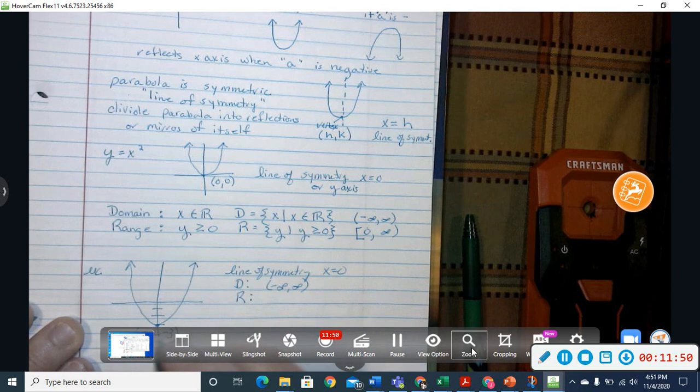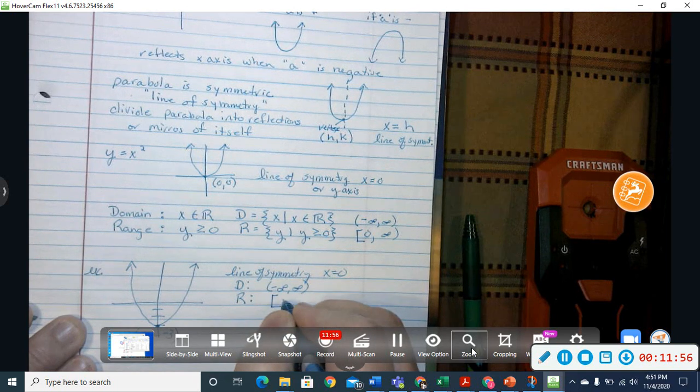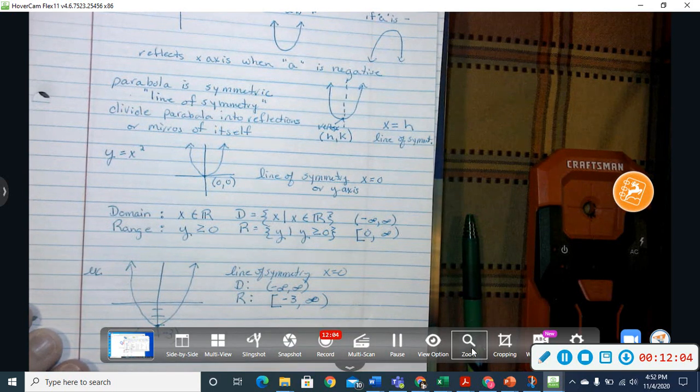And so now instead of being at 0, it is now at -3. So that is -3 to +infinity for the range of the graph. So vertical shifts do affect the range. It does affect the position of the vertex. Vertical shifts do not affect the line of symmetry.